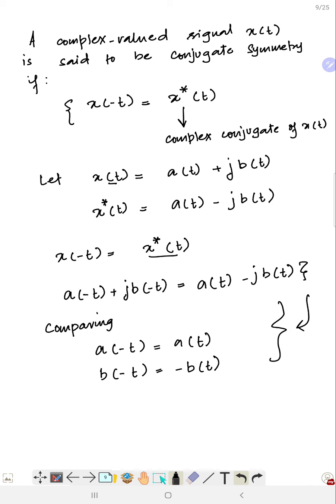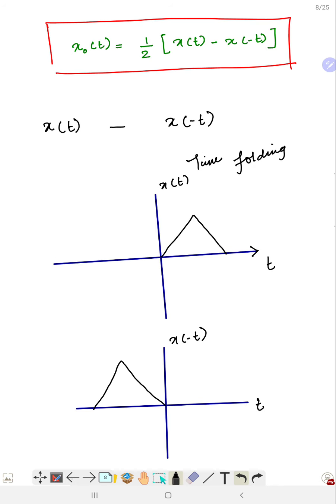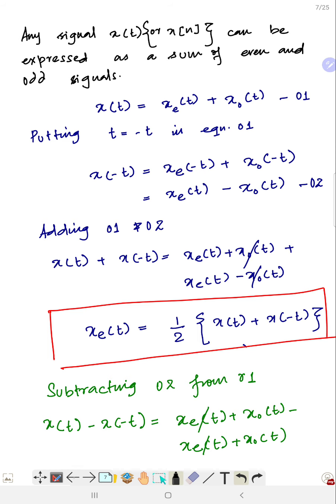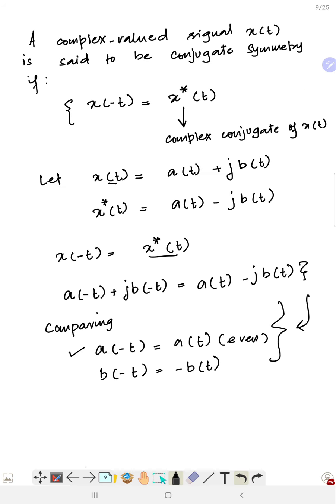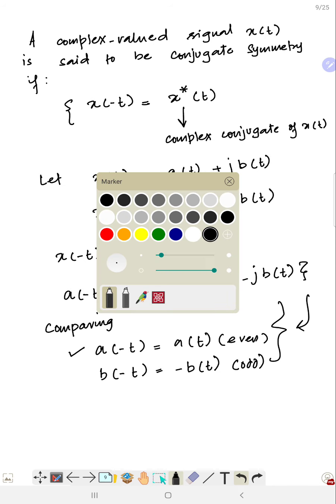Which means if we are assuming that a complex valued signal has conjugate symmetry, then its real part is even, because this is the definition of an even signal. If you go back to the second video, this is the definition of an even signal. And this is the definition of an odd signal.